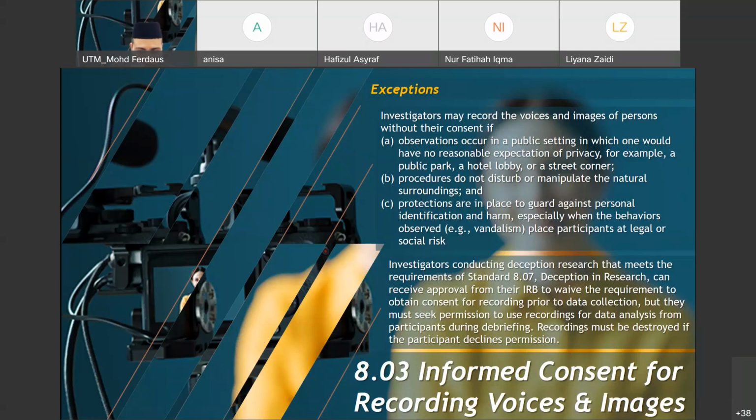Recording must be destroyed if the participant declines permission. This is why I mentioned that when you do research that involves recording, even though it's an experiment done in a social setting, and you want to use it for data analysis, you still have to ask for informed consent. And if they don't agree, you need to delete it. You cannot use it.